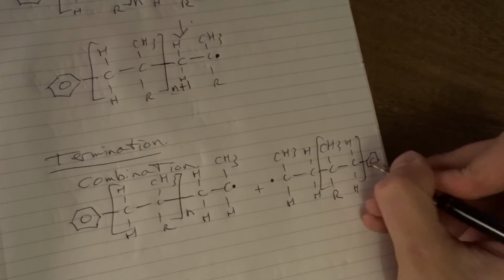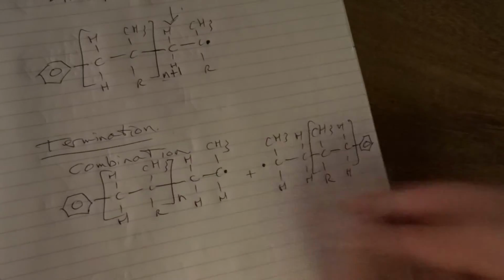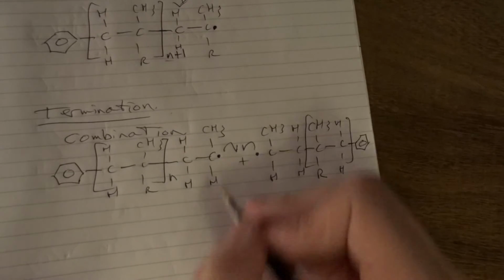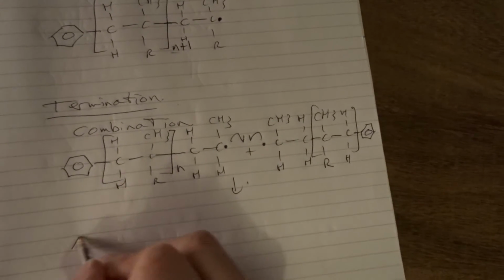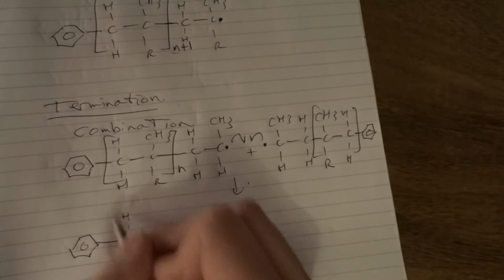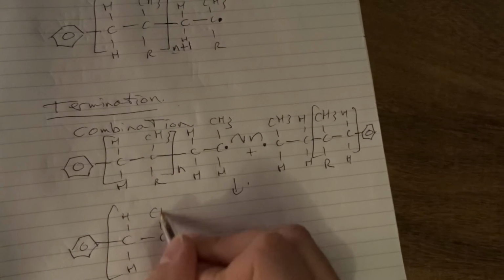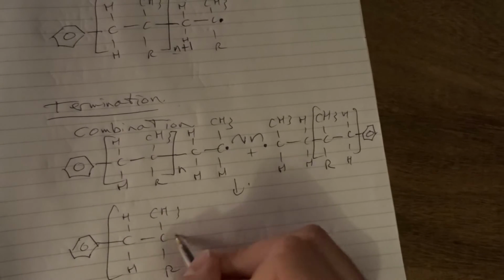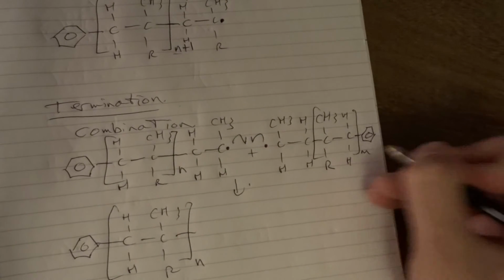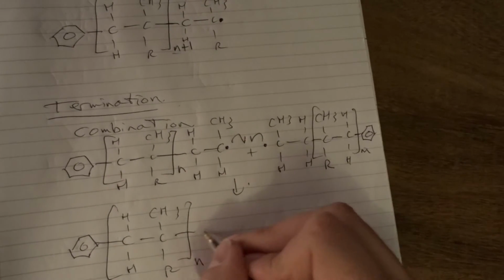So, okay, and here those two radicals will combine to a new polymer, and we will yield a dead polymer. So now it's terminated. Of course, I have to put an M here.